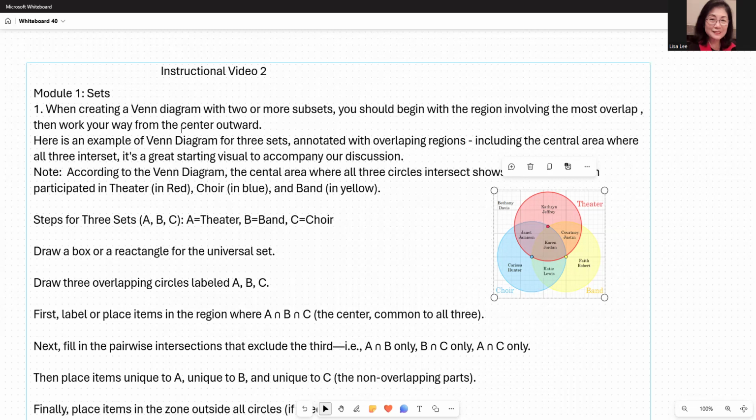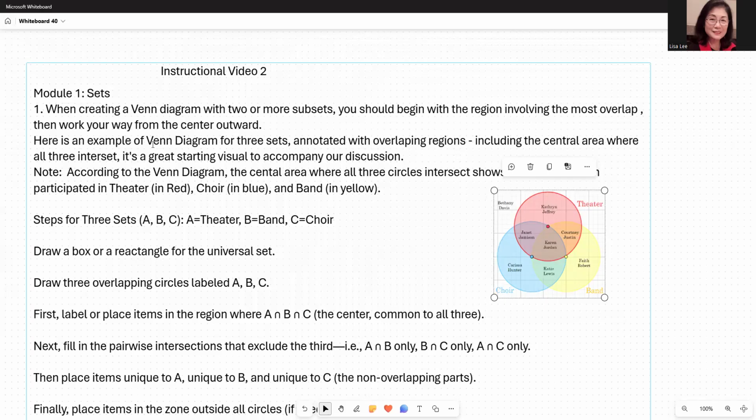When we create a Venn diagram with 2 or more subsets, you should begin with the region involving the most overlap. Then work your way from the center outward.